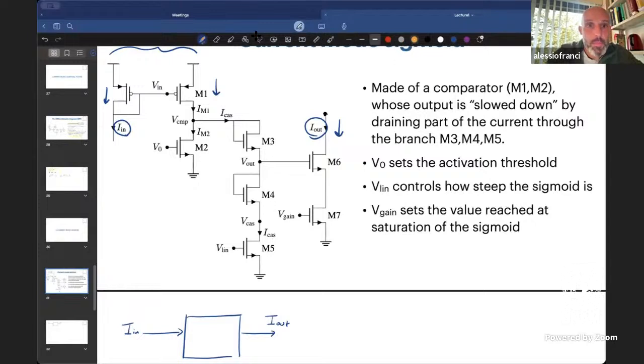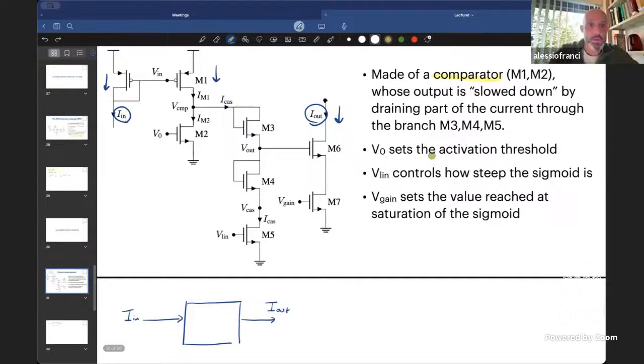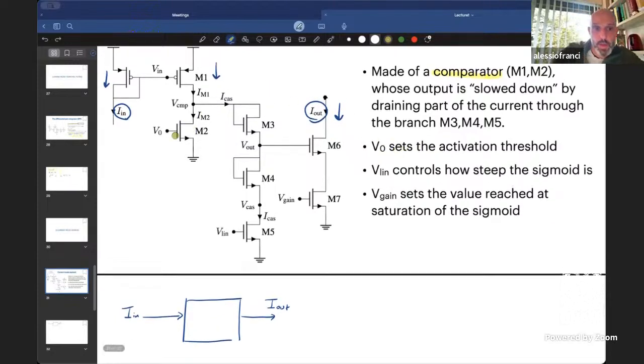I don't know if you saw this type of circuit in the electronics course that some of you already took, but the idea is that you have an NMOS here, a PMOS here. So remember that a PMOS lets current flow when the voltage that you apply here is low, whereas an NMOS lets current flow when the voltage applied here is high.